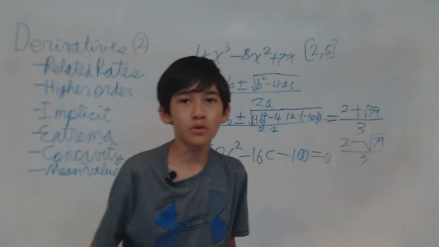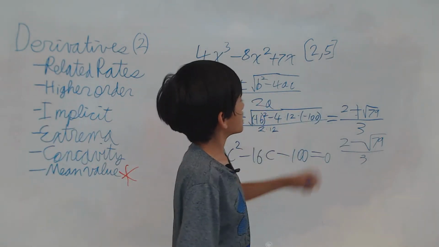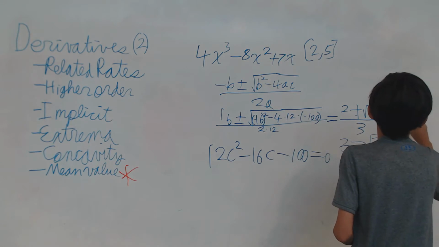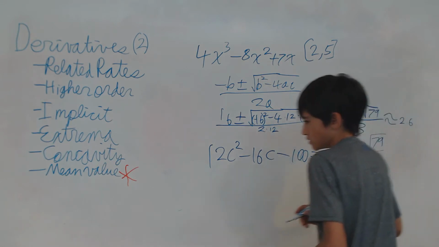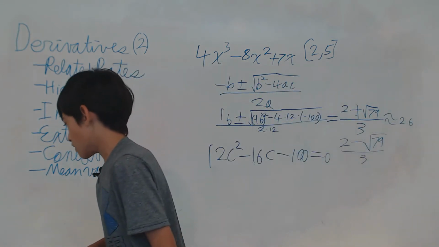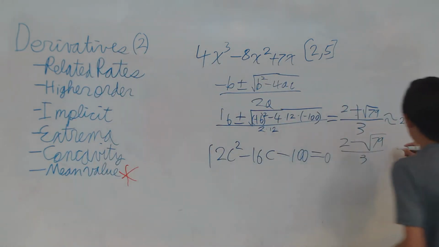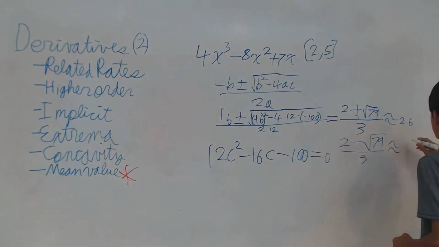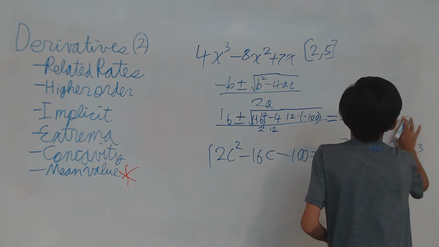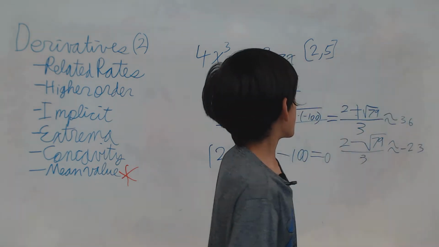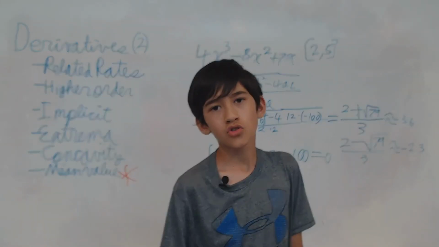Still on the board, you can see it. Alright, now this one's approximately equal to 3.6, I believe. And the second one is approximately negative 2.3. And as you can see, let's see which one's in the range.